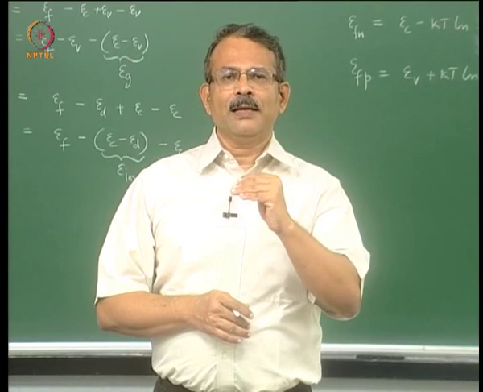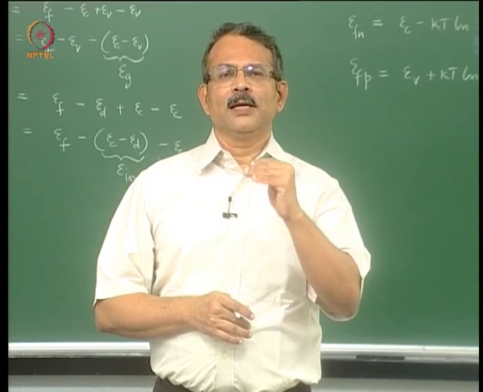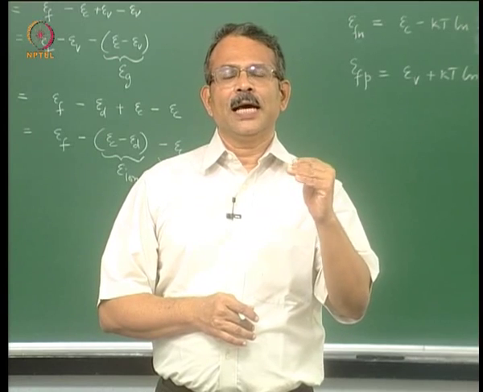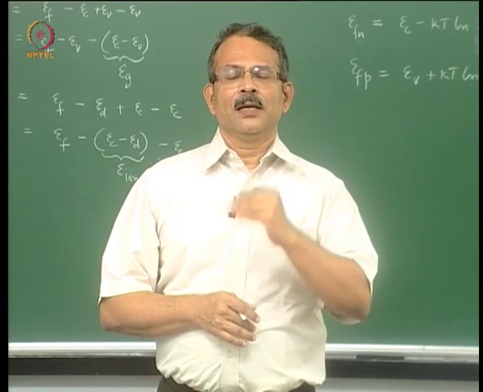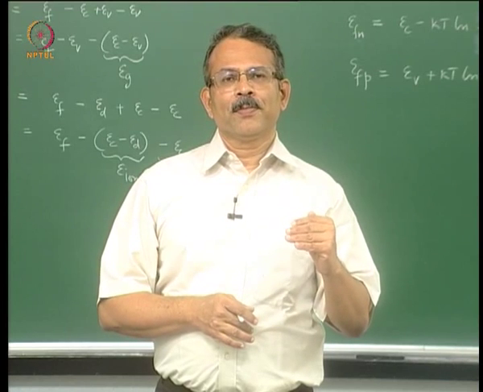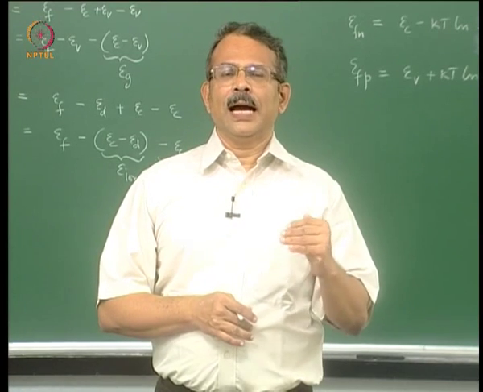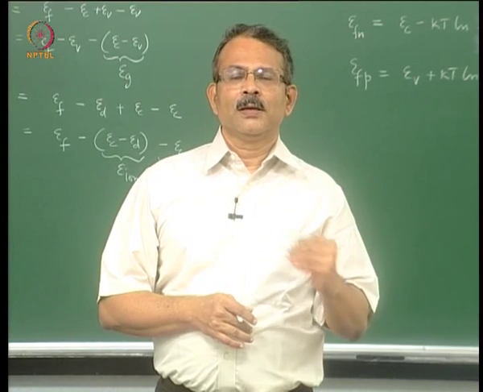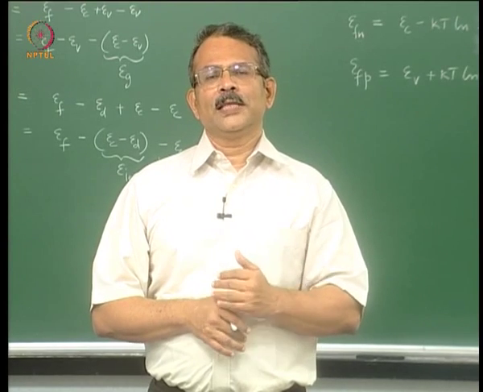The quasi-Fermi level for electrons reflects the electron concentration as well as the electron current density. The quasi-Fermi level for holes reflects the hole concentration and current density for holes.